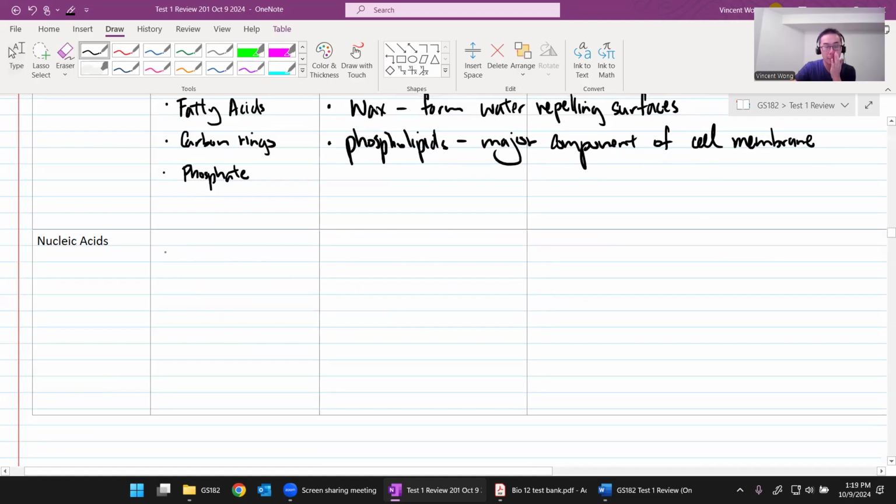Okay, monomers for nucleic acid, we talked about it already. It's the nucleotide. And the function, we only know two kinds of nucleic acid, right? DNA, which contains instruction to make proteins.